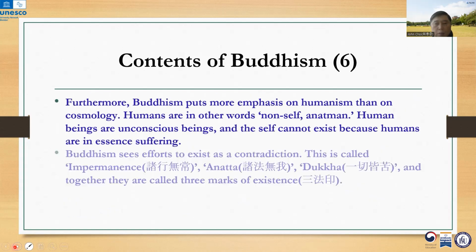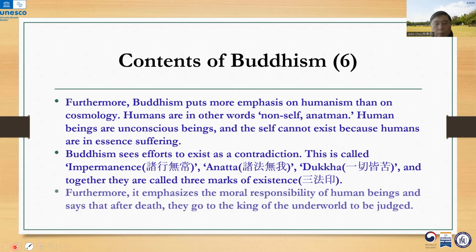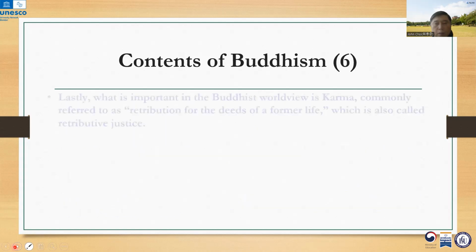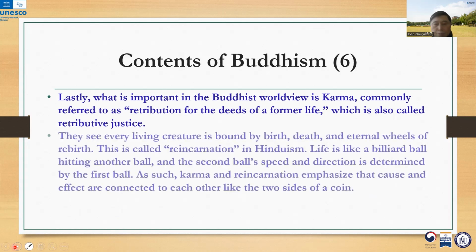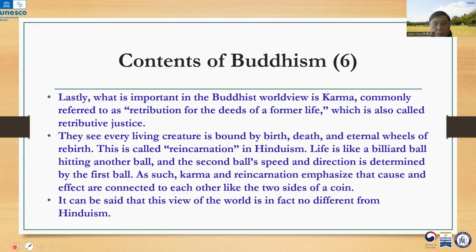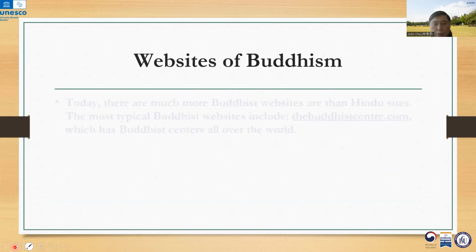And then, with all the details, I also explained the three marks of existence. And lastly, karma is a retribution for the deeds of a former life, and I explained that in detail.